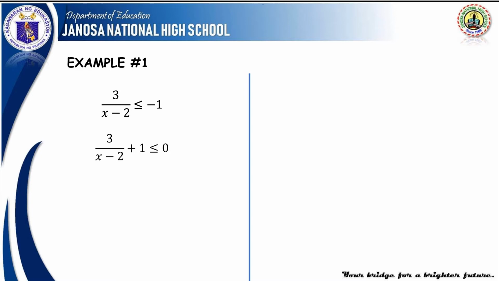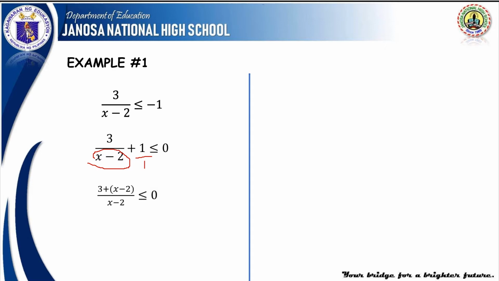Then we will make the inequality into a single rational expression. Let's simplify by using the LCD. Our LCD would be x minus 2 and 1.